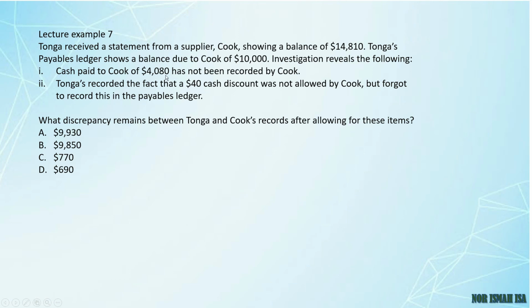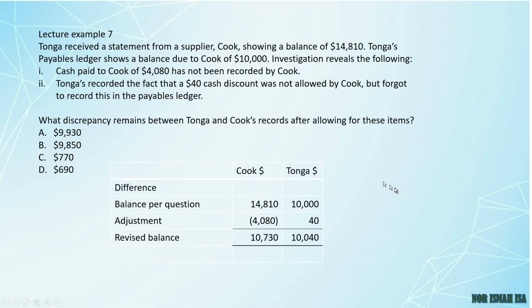So this should be adjusted in the statement. Number 2: Tonga records the fact that a $40 cash discount was not allowed by Cook. So Tonga already knows it was not allowed the discount, but the payable ledger already deducted the discount. So this should be adjusted in the payable ledger.